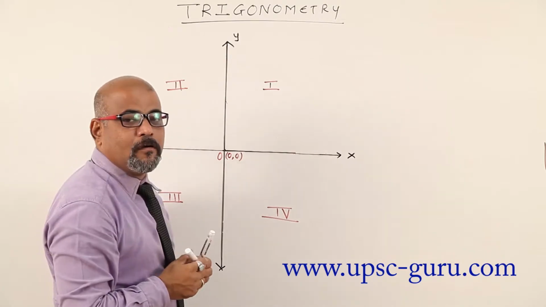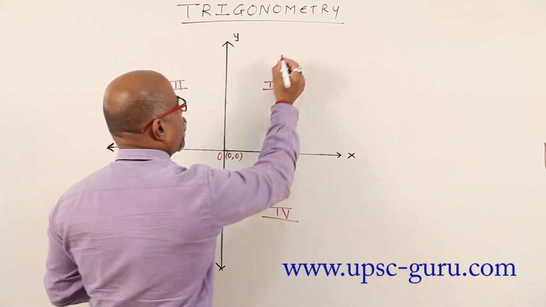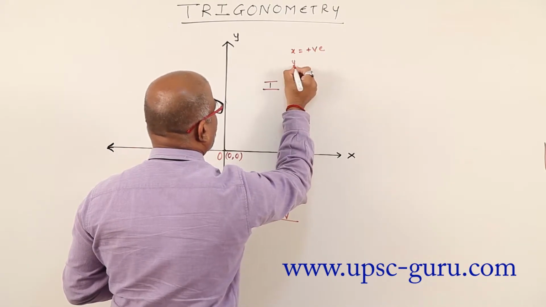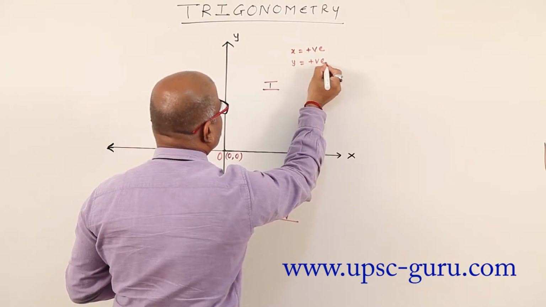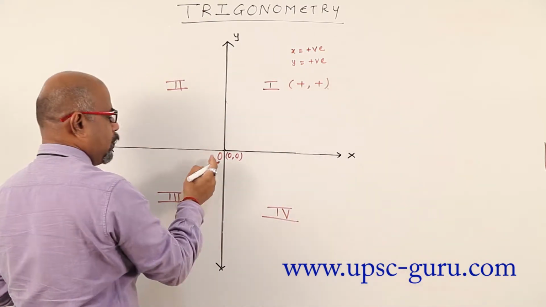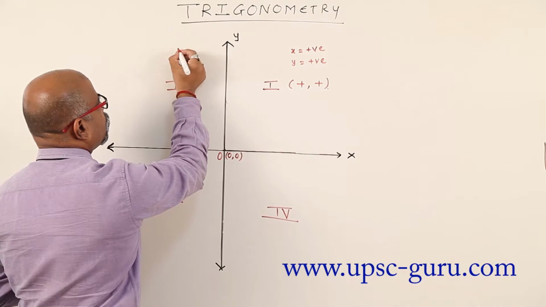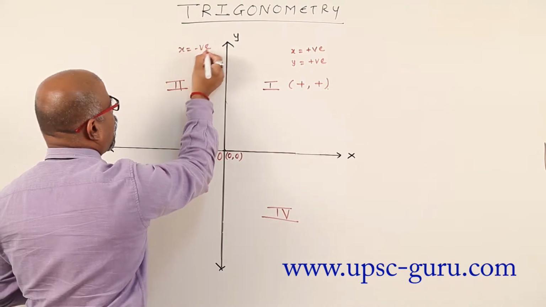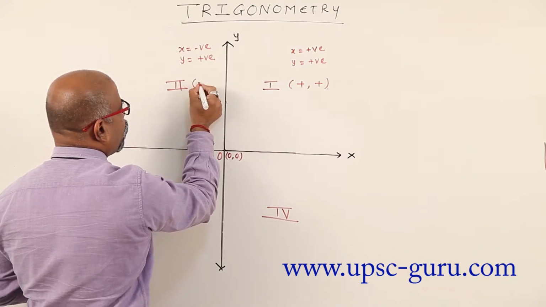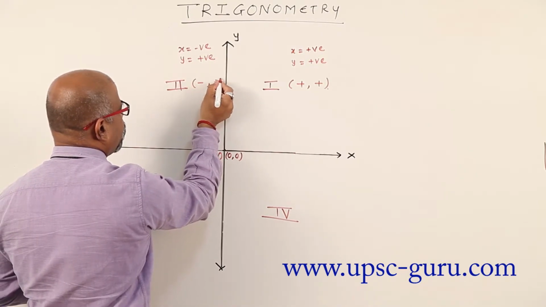In the first quadrant both x and y coordinates are positive, x positive as well as y positive. In the second quadrant x is negative and y is positive. Therefore, we have minus plus.